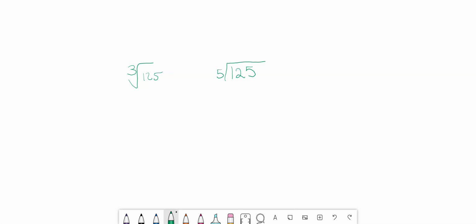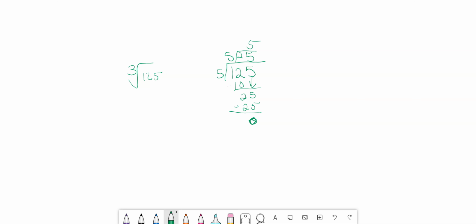And so 5 into 125, 5 goes into 12 twice, and we bring down our 5. All right, so 5 goes into 25 5 times. 5 times 5 is 25. And that's 0. Okay. So then 25 is divisible by 5, and we get 5.